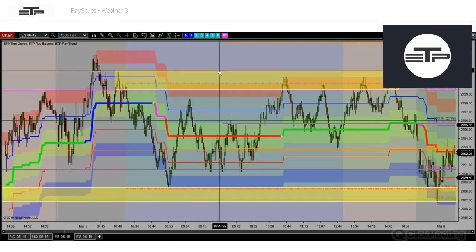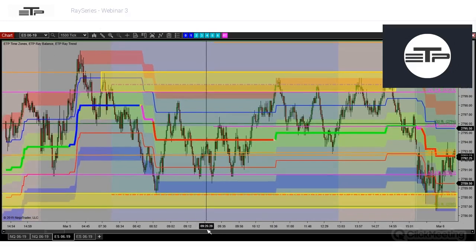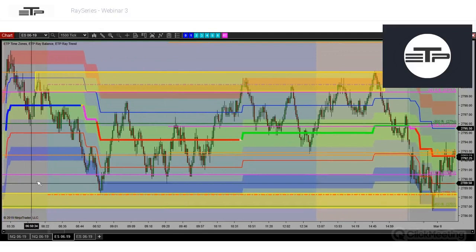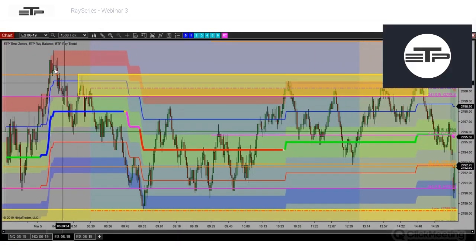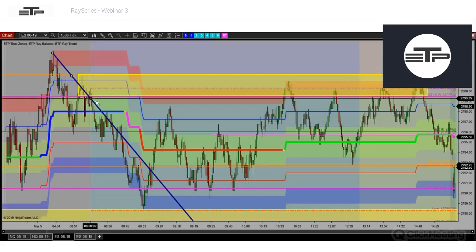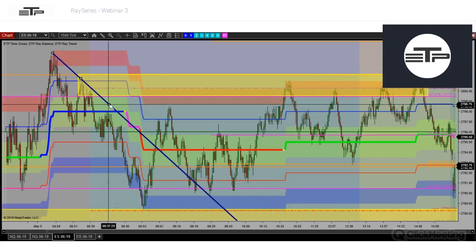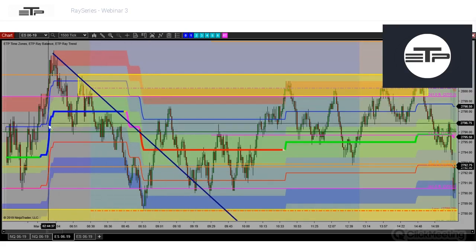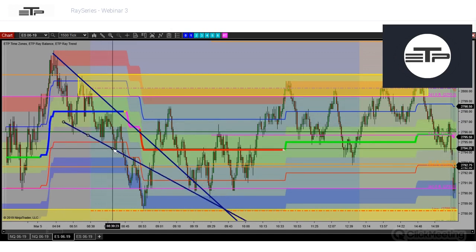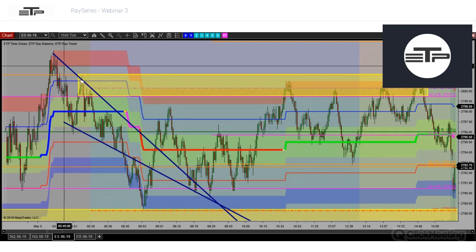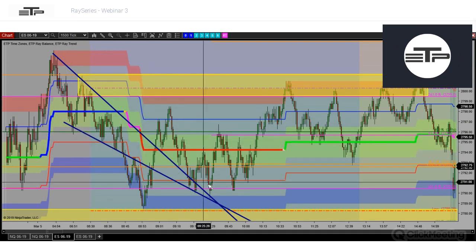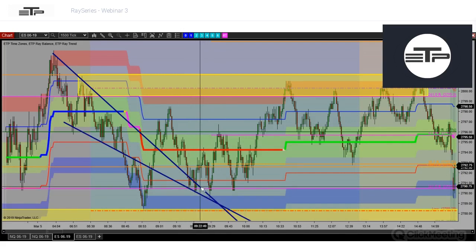Okay, so first of all, let's talk about the types of trend lines. Obviously in a downtrend, we can draw them from the tops, or we can draw them from the bottoms as well. And as you can see, drawing from the top and the bottom at one point gives you an intersection.